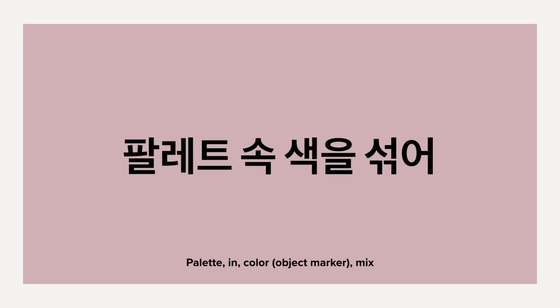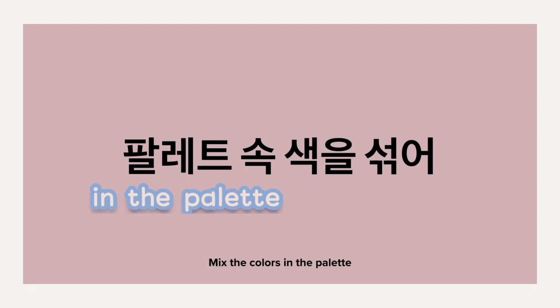Okay, so if I say 팔레트 속 색을 섞어, what do you think this means? I want you to try to think in Korean, so sort of break this phrase apart. 팔레트 속 means in the palette. 색을 섞어.